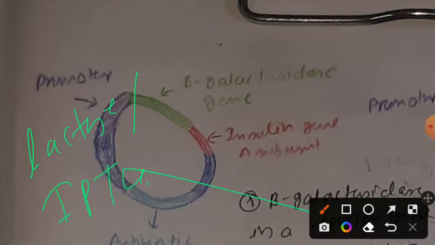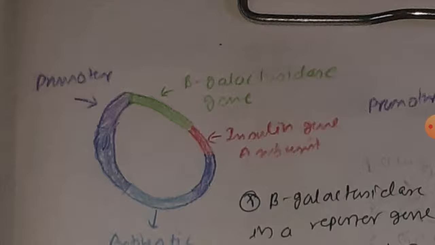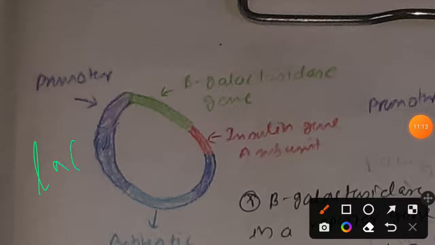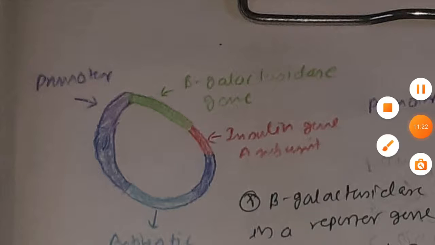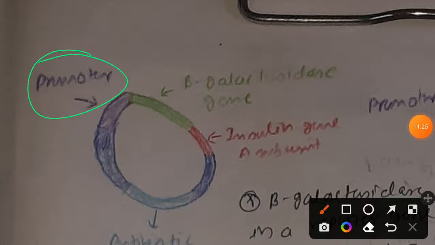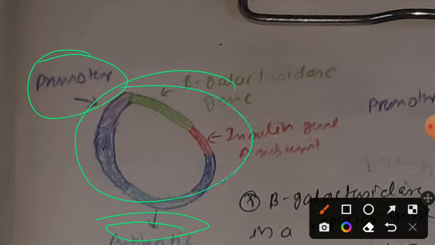Why? Because here we are using a promoter which is basically a lac promoter, and which requires lactose or IPTG for its induction. So we will use a culture system containing lactose or IPTG, that will help the promoter to work, and along with the antibiotic resistance gene, which will select only those cells that have the vector containing the gene of interest. That is the idea.